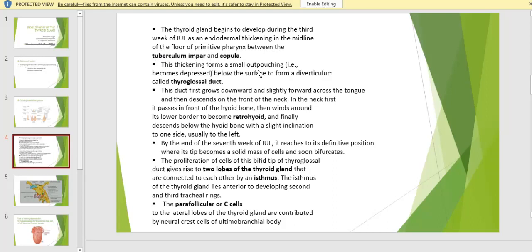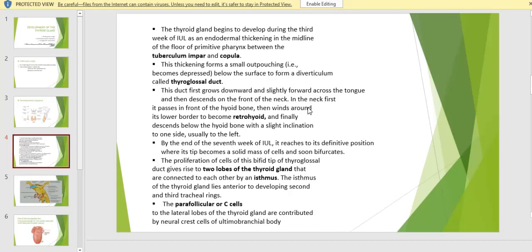This thickening forms a shallow outpouching, which becomes depressed below the surface to form the diverticulum called the thyroglossal duct. Then this duct first grows downwards and slightly forwards across the tongue, and then descends on the front of the neck.